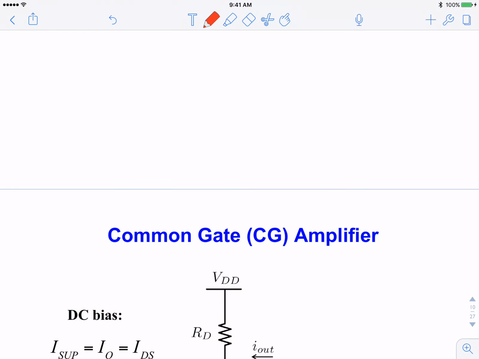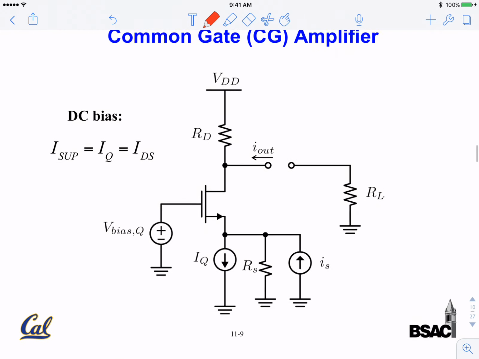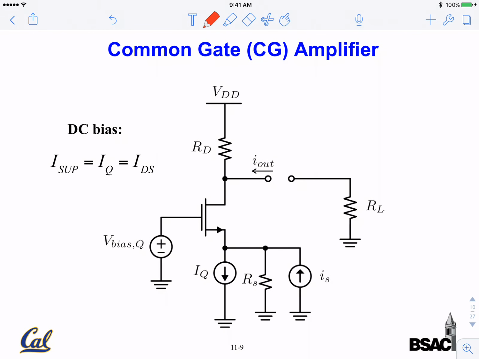Okay. Now let the fun begin. Common gate amplifier. So this is an example of a common gate amplifier, and we will have some kind of bias here, okay? And this bias can be set in different ways, or we can primarily set the bias by this current source here.